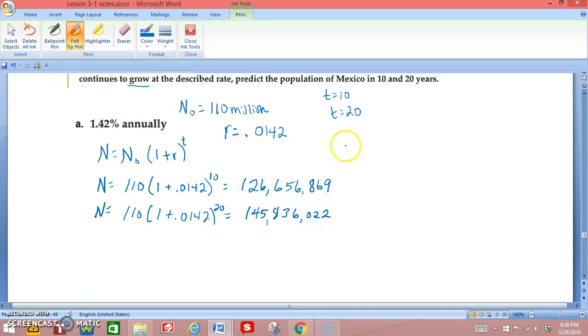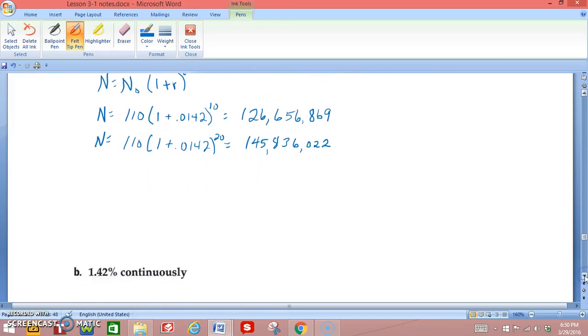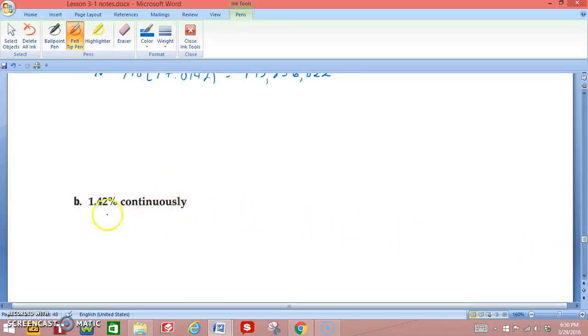Okay. Alright, now we're going to move down over here. And now we're going to do continual. Same rate, but continual. So our formula that we're going to use is N equals N sub 0 e to the kt power.